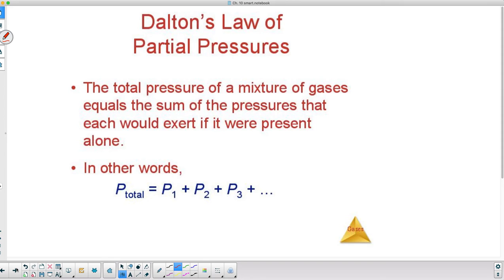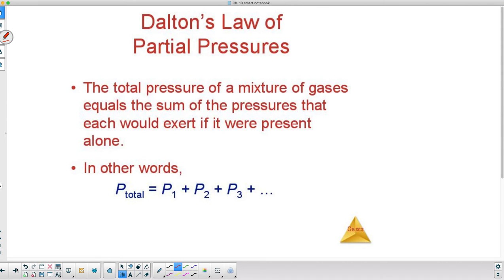Now we're going to take a step into something a little bit different. Pretty soon you're going to do sample exercise 10.12, which has to do with collecting gas over water. This is why Dalton's law of partial pressure is important.